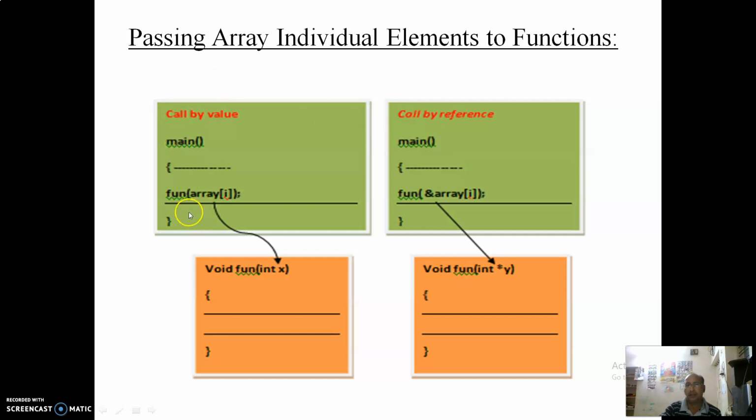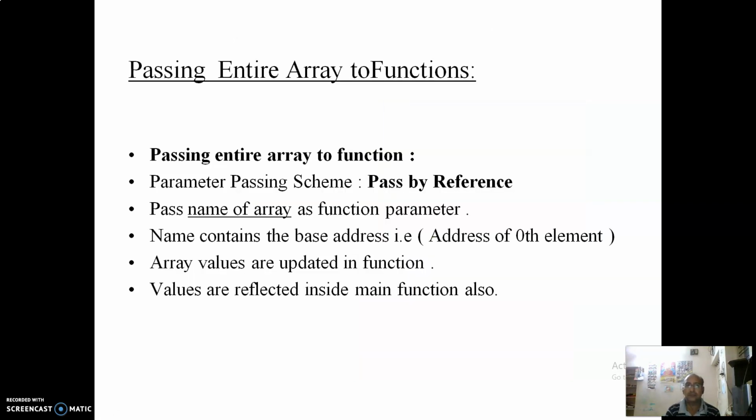Call by value: fun(array[i]), I'm passing the individual element, that is array[i]. Call by reference: fun(&array[i]) and *i. This is the call by reference. That is the individual element.